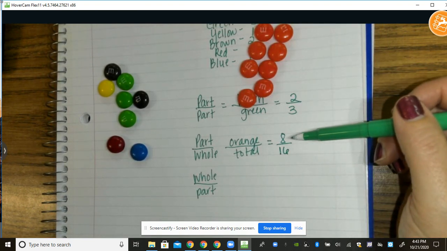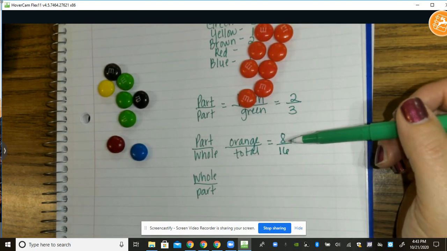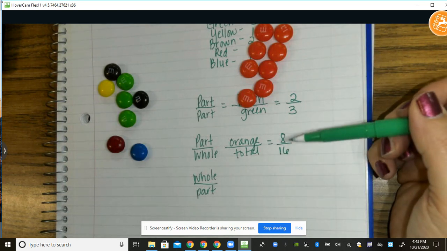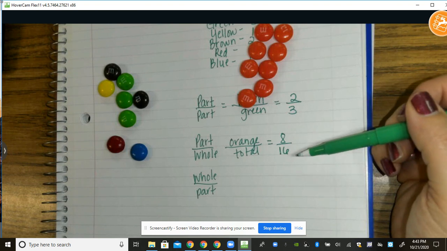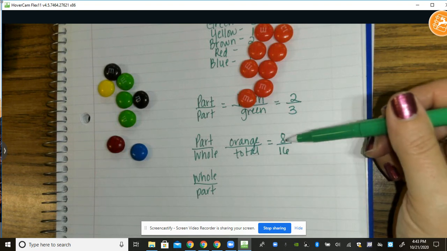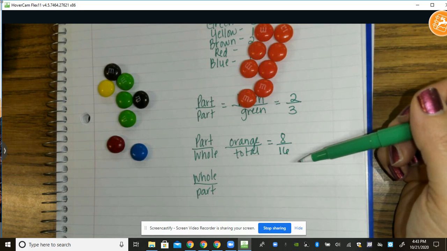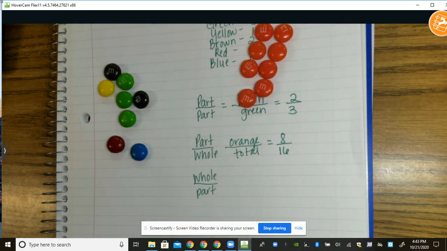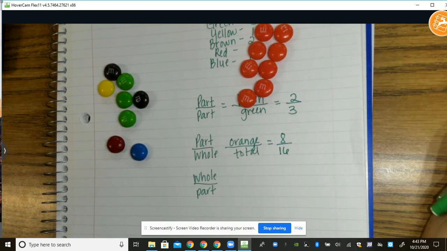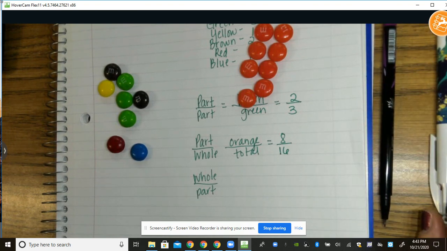I can also have an equivalent one of this, guys, because I can say half of my bag of M&Ms were oranges, because 8 over 16 reduces to 1/2. So 1/2 is an equivalent ratio to 8/16. All right, that was the only one in all 3 classes, or now 4, that could reduce. My other ones gave me like 17 and 15, so it's kind of hard to do.